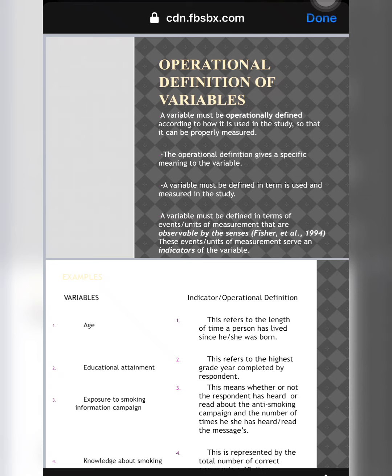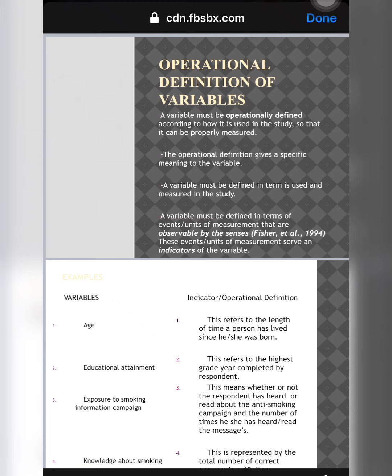So our topic is all about operational definition of variables. A variable must be operationally defined according to how it is used in the study so that it can be properly measured. The operational definition gives a specific meaning to the variable.